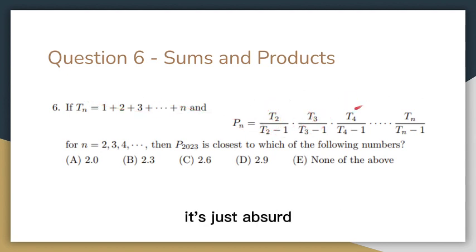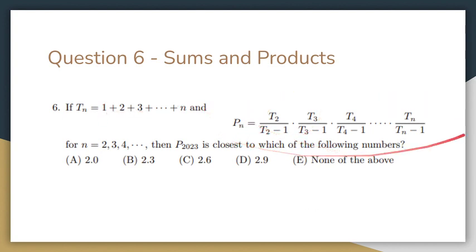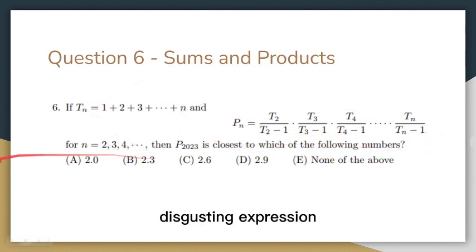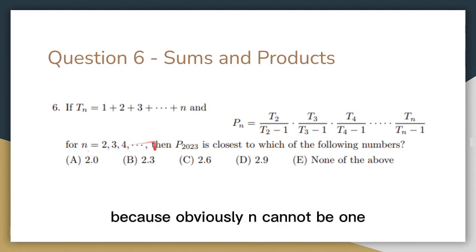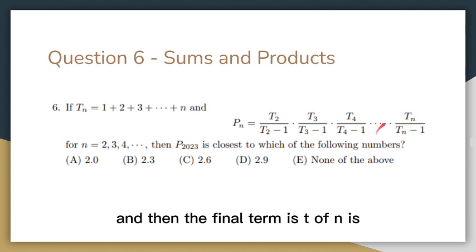It's just absurd. Alright, so this question is, if Tn equals the sum of 1 all the way to n, and P of n equals this pile of disgusting expression for n equals 2, 3, 4, because obviously n cannot be 1, because the first term is already t of 2, and then the final term is t of n.